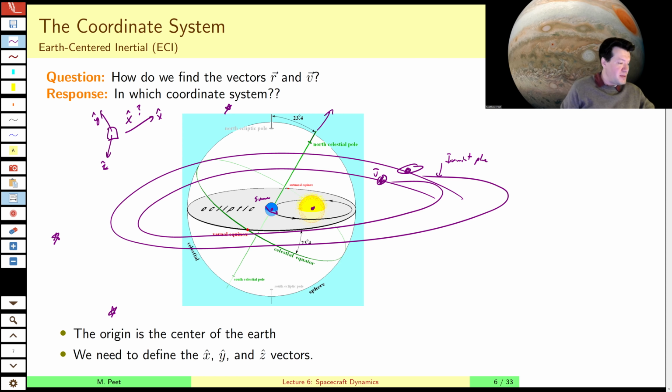Well, of course, then maybe you would just choose your x hat direction to point towards a particular star and your y hat to be some other star, and then define the z hat as the perpendicular to that plane. But then, of course, that motion might change, right? Or you might disagree with someone who had given you that position vector in the first place. And so that's a little bit problematic.